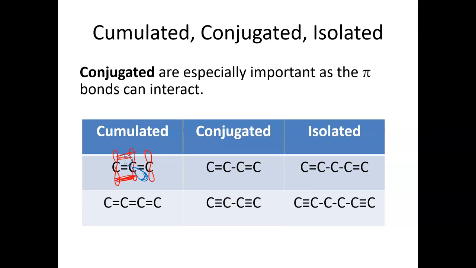I'm trying to draw it in a way that demonstrates its location. It's pointing out at the screen, and then this dotted one is going back into the screen a little bit. I'm going to do the same with this carbon on the right side, and draw a shaded region just to demonstrate that it's going back into the screen. Now the blue set of p orbitals, that's our second set.